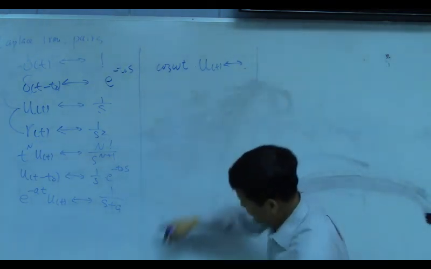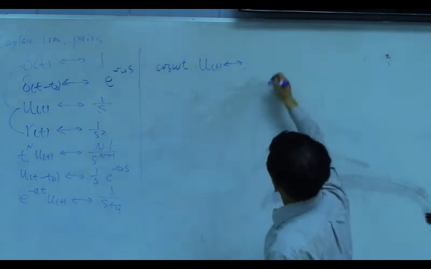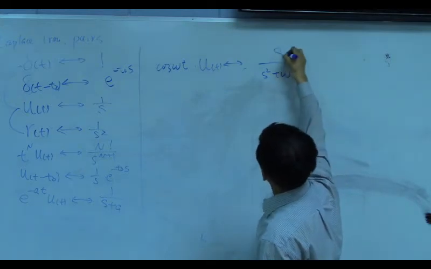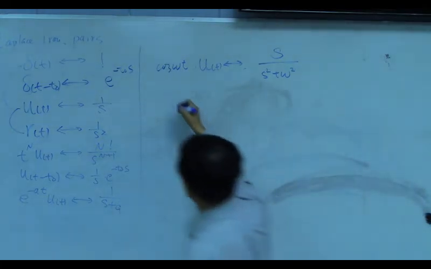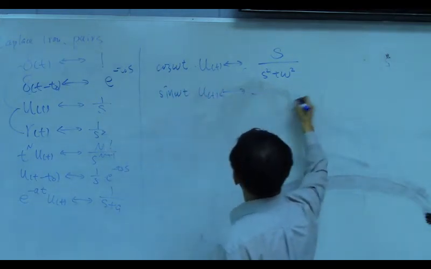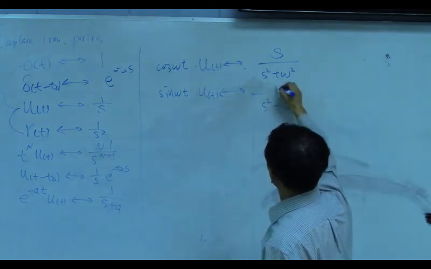This one will equal s over s squared plus omega squared, with s on top. The next one is sine omega t times u(t). This one will be omega over s squared plus omega squared, with omega on top. How do we memorize these two?